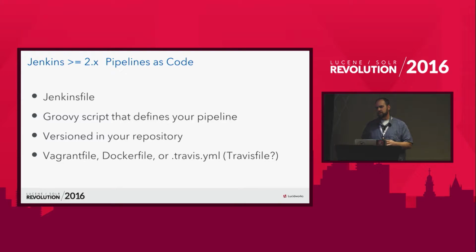The GitLab CI implementation lets you choose a Docker image to run all of your pipeline steps in. So you could pick, like, for when we're building Solr, I have to have Java JDK on the Jenkins server or the build agent. With GitLab, I would just say, give me a Docker base image that has JDK 8 on it, and everything runs isolated from the whole Docker or Jenkins server.